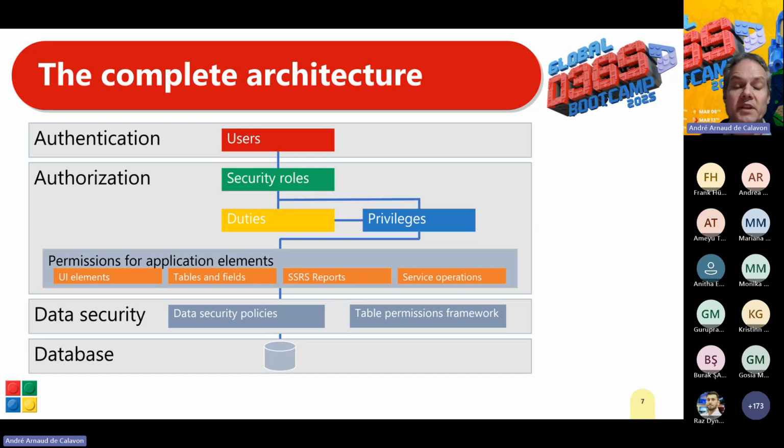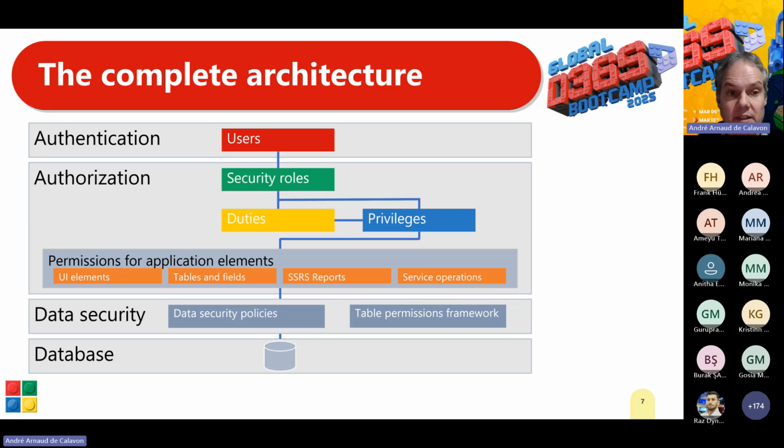Apart from that, there's an option to set additional security on tables and fields, also for SSRS reports and service operations. So if someone says we need to do something with menu items and security, well, that's not the full picture, and I also created some blogs about it in the past.